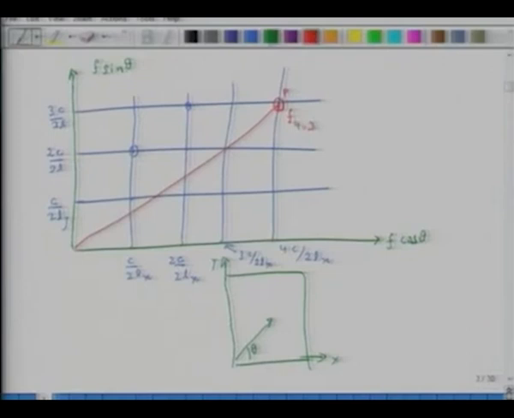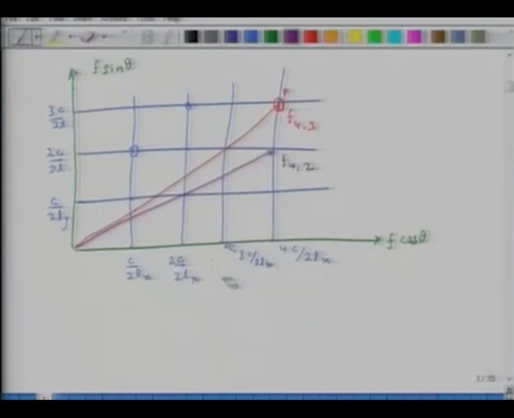Similarly, another natural frequency could be f 4, 2. So for 4, 2, I can write the relation as four times C over 2L.